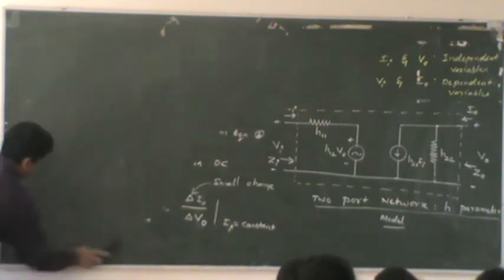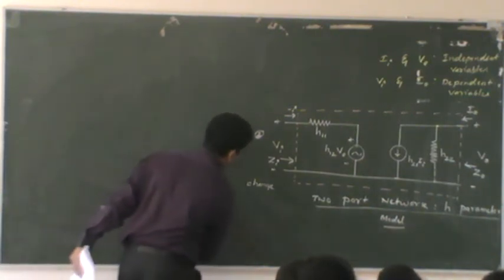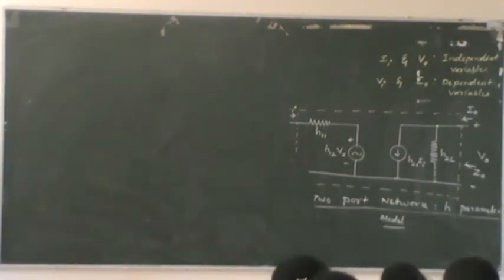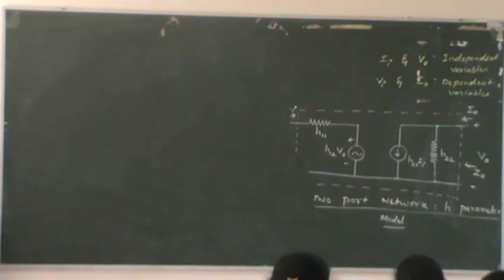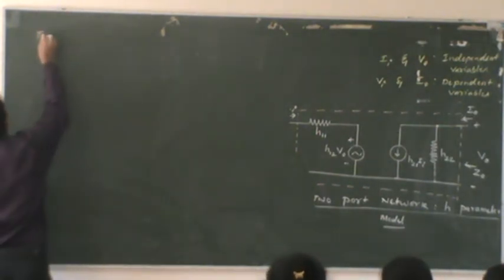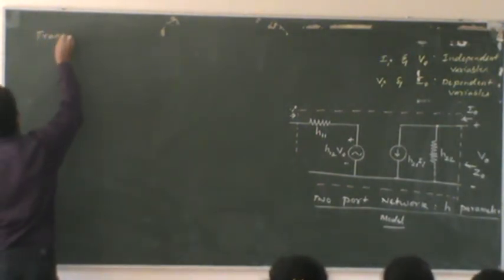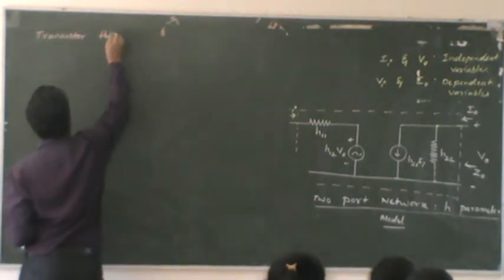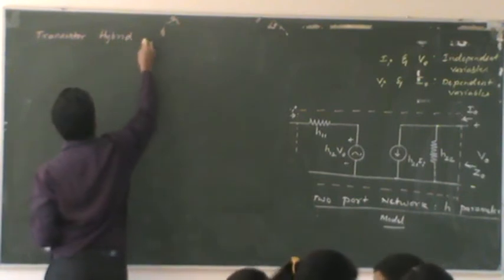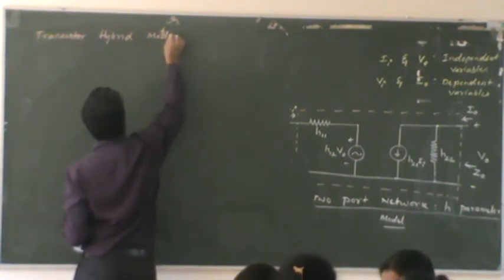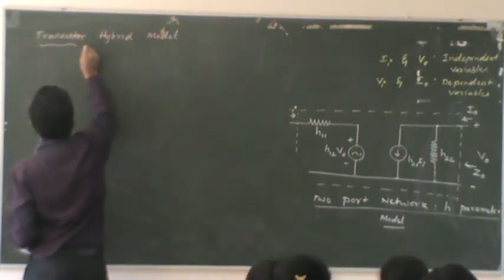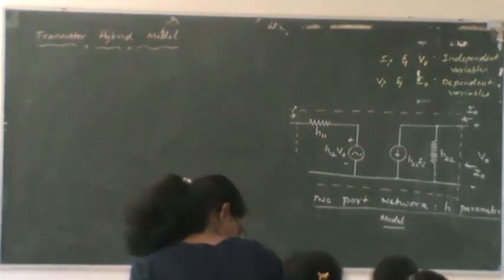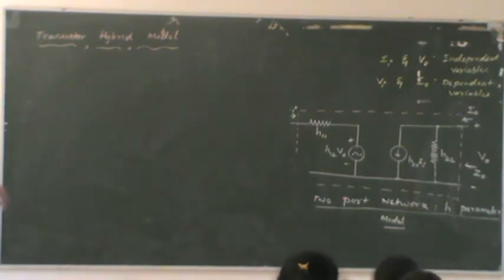You can take it as a transistor hybrid model. Under this section, we are going to discuss the transistor H-parameter model for common emitter configurations.